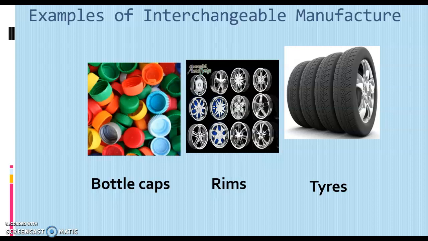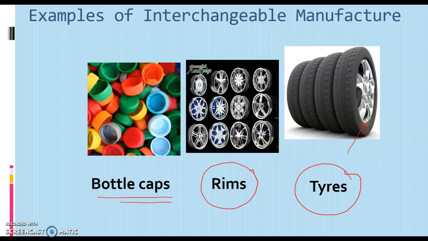Consider some other examples of interchangeable manufacturing. Bottle caps of the same capacity have to match with any of the bottles. The rims for a particular size should match with any of the vehicles. And of course, tires of a particular specification should match with any of the rims.